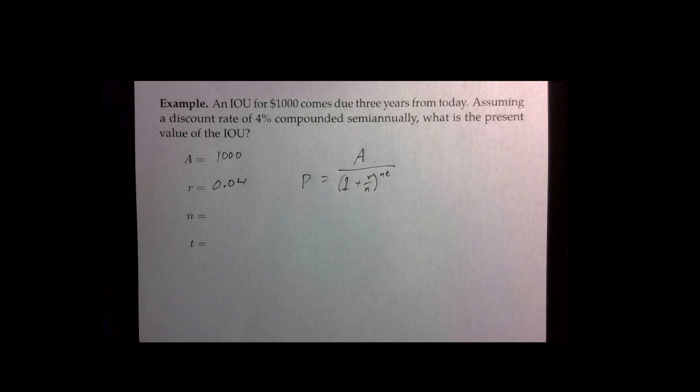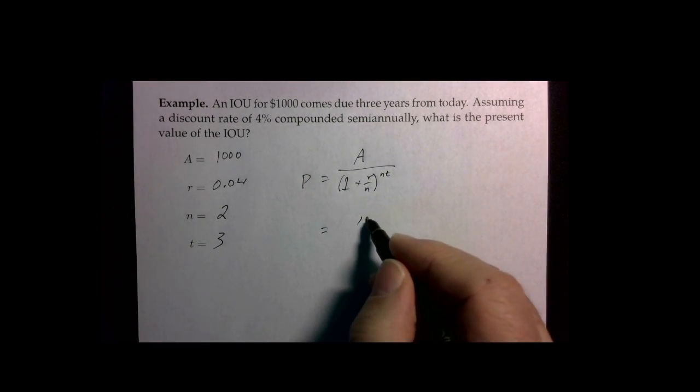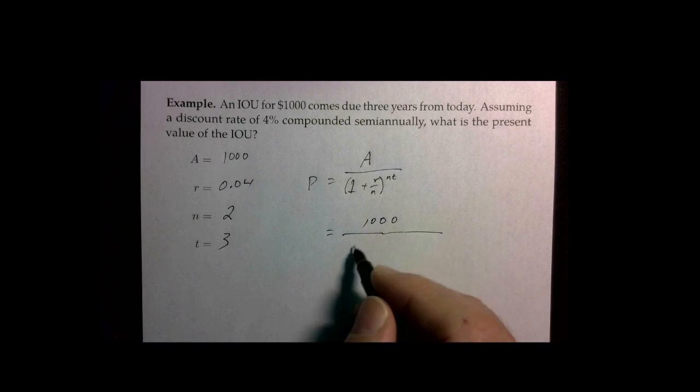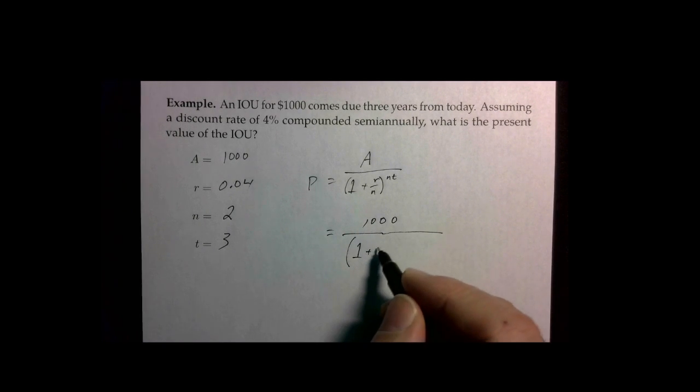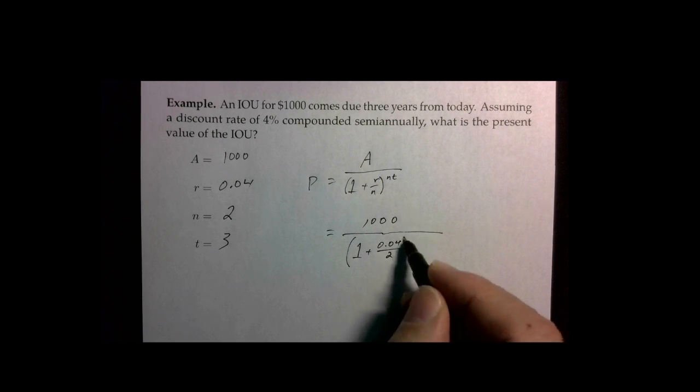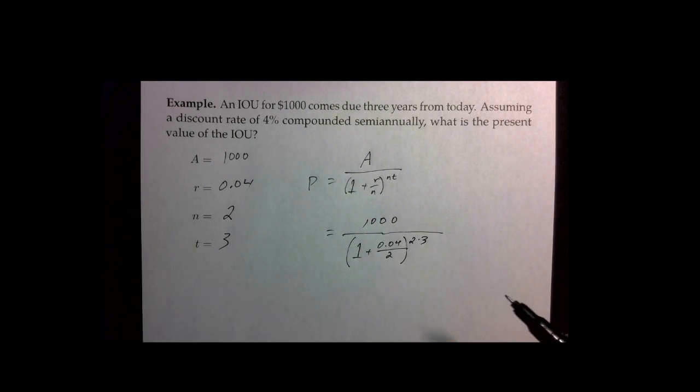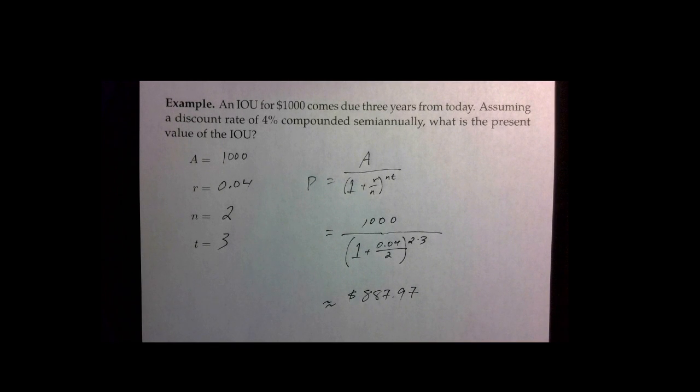N is the number of compounding periods per year, so that's 2. And T is the number of years, so that's 3. So just filling this in here, we get 1,000 over 1 plus 0.04 over 2, to the 2 times 3. And that works out to be just about $887.97. Well, that's pretty much all you need to know about present value.